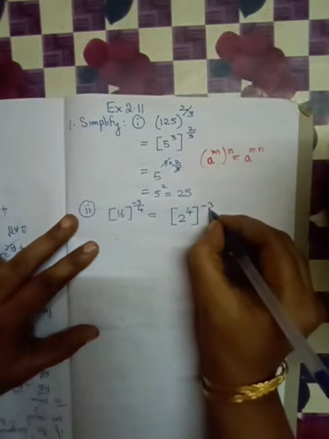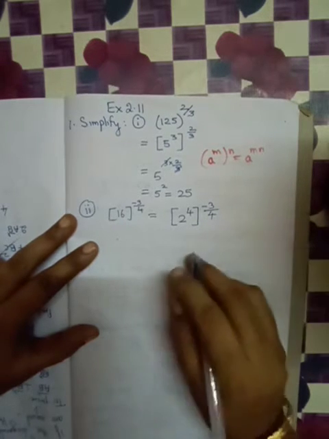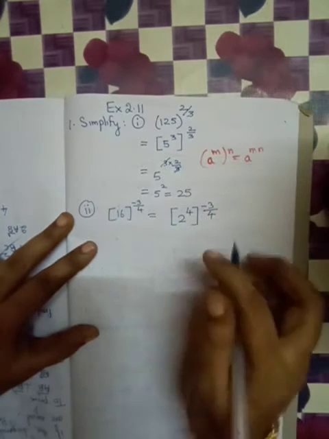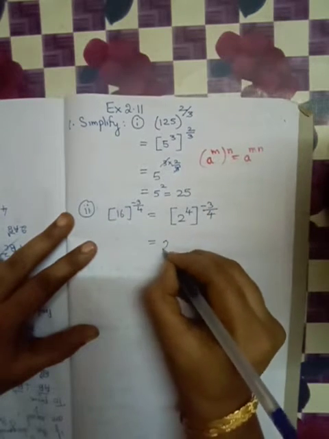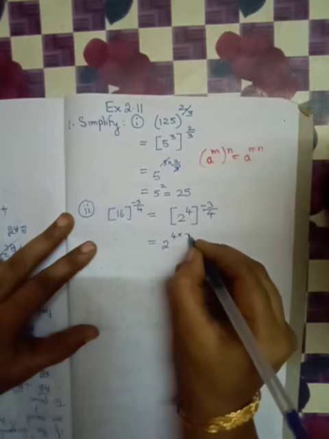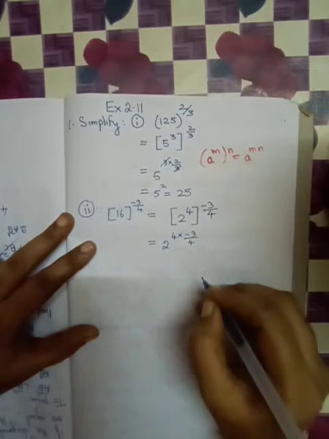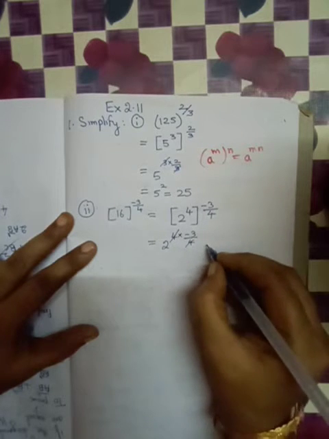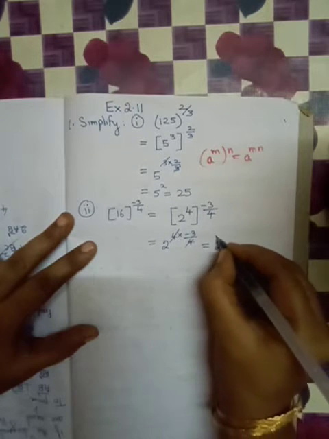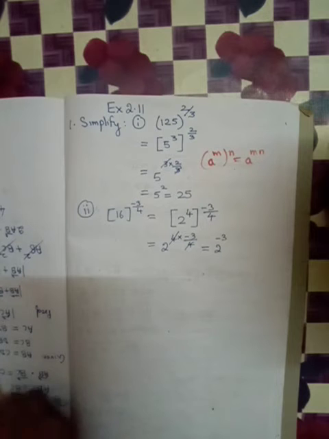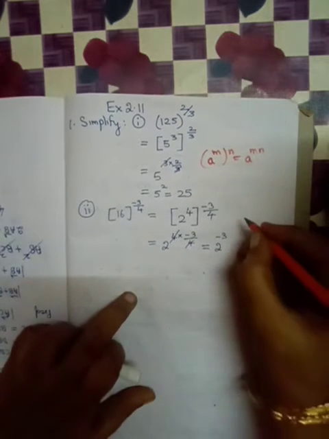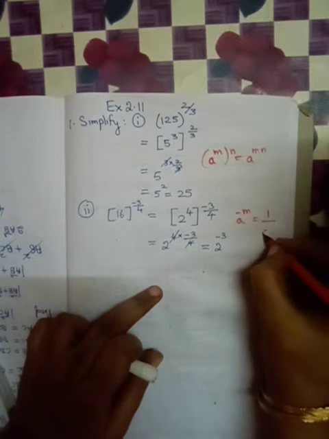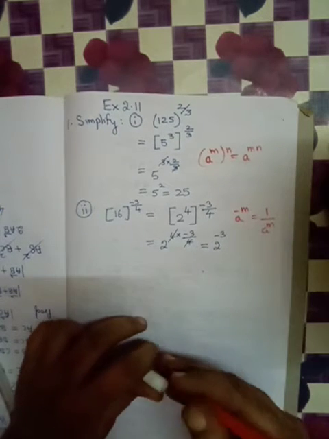Outside I have minus 3 by 4. Again using the same rule, I can multiply this both. So I will have 2 to the power 4 into minus 3 by 4. You can see this 4 and this 4 getting cancelled. You will have 2 to the power minus 3. We know that a to the power minus m is equal to 1 by a to the power m.